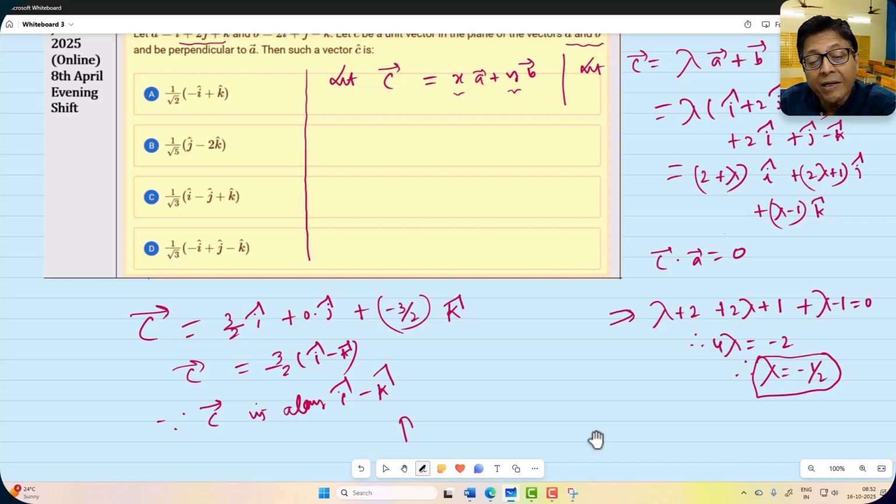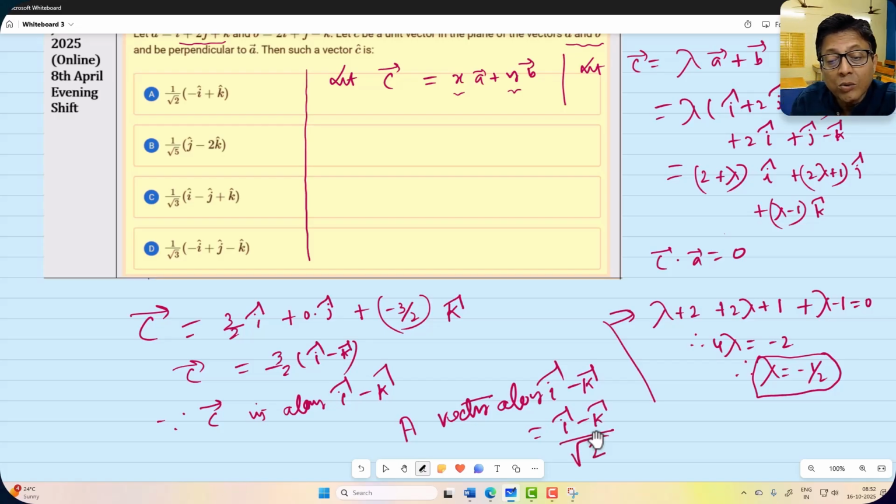So a vector along i minus k is going to be what? We write the unit vector first. The magnitude is root 2, and we can take plus minus over there. A vector along i minus k, you can even start from here also. That unit vector is (i minus k) by plus minus root 2.